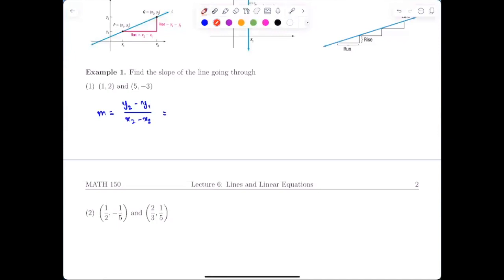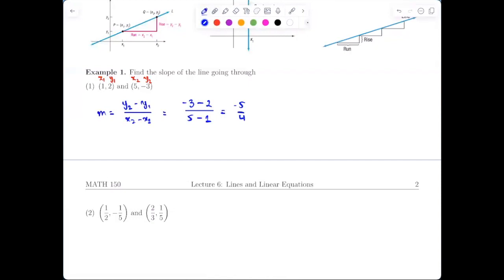Let's say this is x1, y1, and this is x2, y2. So you have -3 minus 2 over 5 minus 1, so -5 over 4. You calculate the slope, and the slope gives you -5/4.